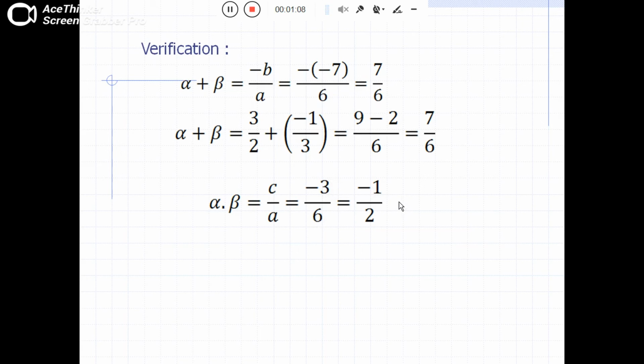Now find alpha into beta, the product of zeros, with the values of alpha and beta. Alpha into beta equals 3 by 2 into minus 1 upon 3. This 3 is cancelled, and you will get minus 1 upon 2. In both cases the value is the same, so it is verified.